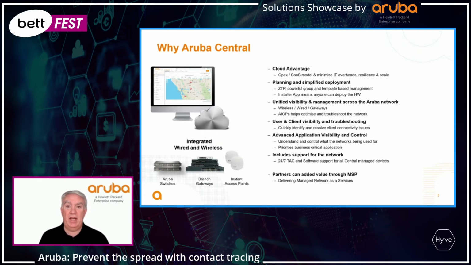Our APs have policy enforcement firewalls embedded within them that gives us great granular visibility into the applications that are running and allows you to take full control. Everything that you're managing with Aruba Central is covered by our 24/7 TAC support and software upgrade support as well.